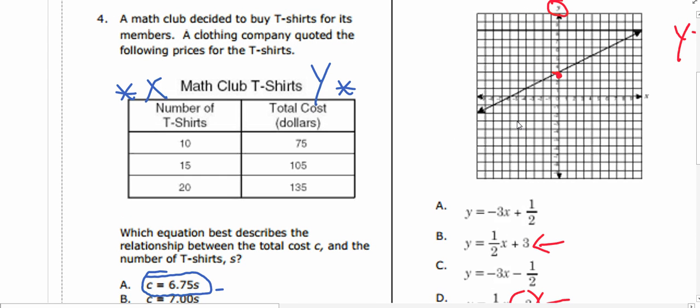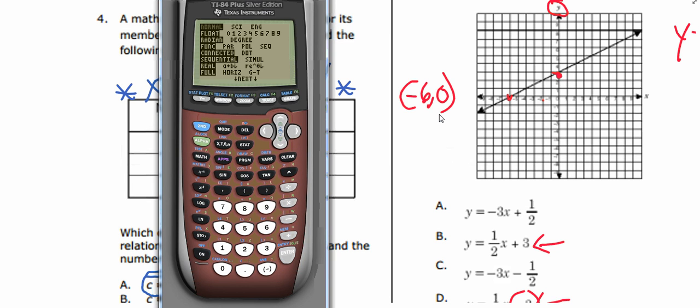It looks like right here at negative 1, 2, 3, 4, 5, 6, negative 6, we have a 0 there, right? So let's go back and look at our table, and go to negative 6, and you can see that hopefully it's 0.